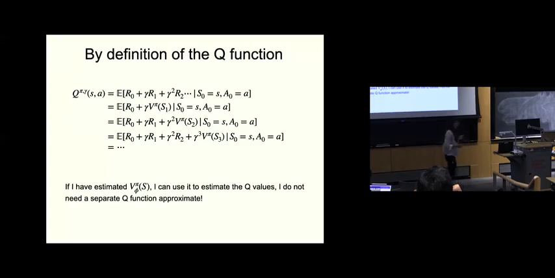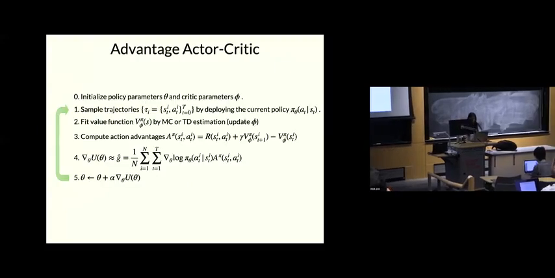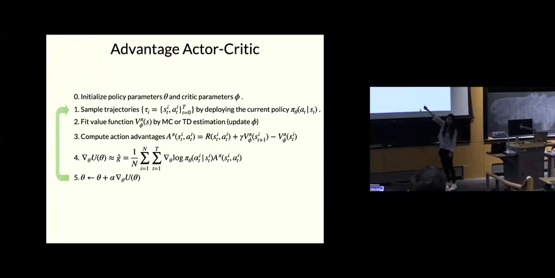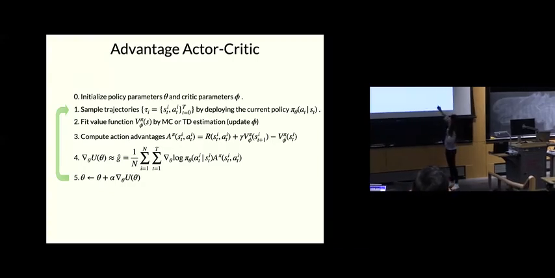So now I'll go to what I call advantage actor-critic, where the only thing that changes is how I estimate the advantage. Instead of being G minus V of the same state, it is the immediate reward plus gamma V of the next state minus the V of the present state. Is that clear?